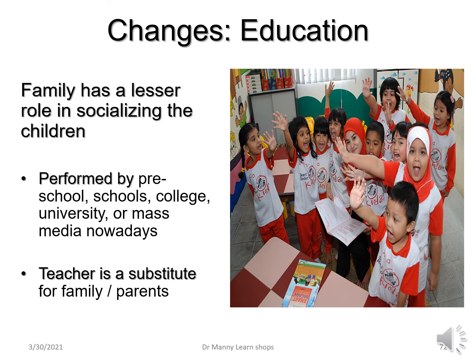Then you've got changes in education. The family has got a lesser role in socialising the children. I'm not convinced of that. I think family is still probably the most important socialising factor.